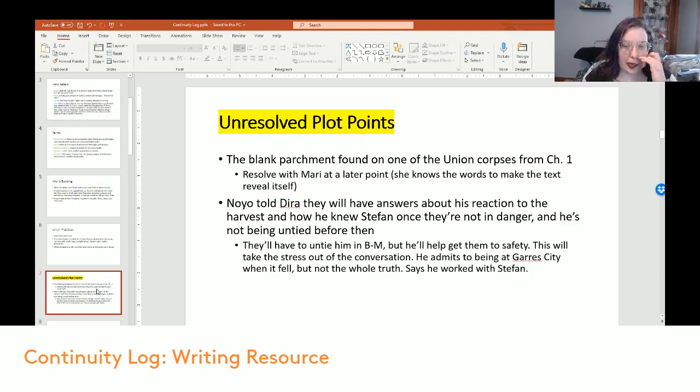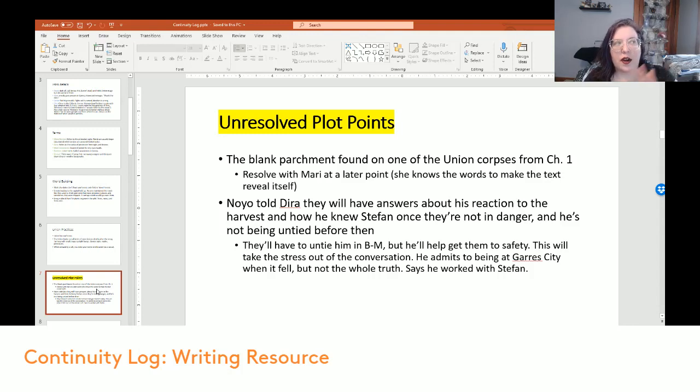So for example, in that same chapter, chapter 1, where they had the fight with the Union mages, there was a blank piece of parchment found on one of the Union people. Now, this one is very easy to forget as a writer, in my opinion, because it was a short offhand discussion, and I could get swept up in the immediate events and completely forget that this piece of parchment even exists if I didn't write it down.